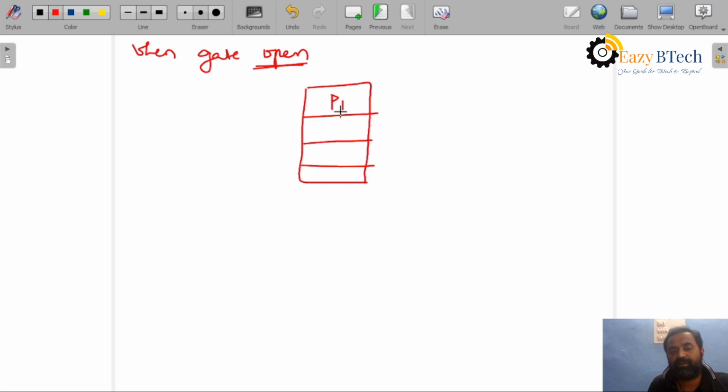Now it is P1, N1, P2, N2, J1, J2, J3. Here we are not applying any voltage at the gate terminal. It is anode, it is cathode.